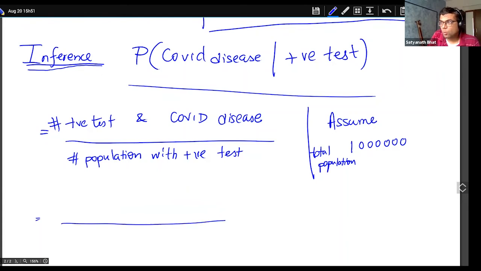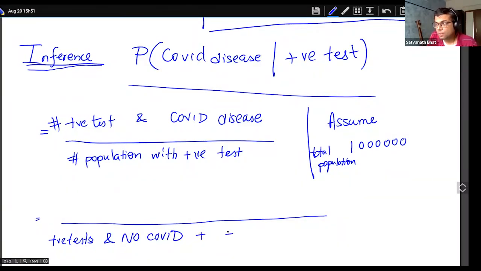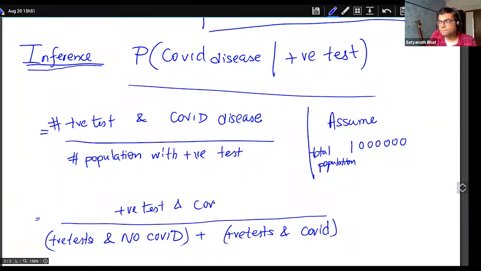Who are all the people who will test positive? There will be people who have positive tests and no COVID, and there will be people who have positive tests and COVID. These are the two groups, right? Either the person has COVID or doesn't have COVID. And in the numerator, we will have positive test and COVID.